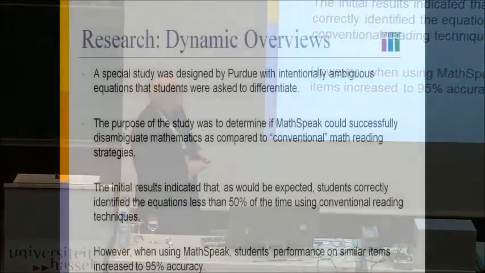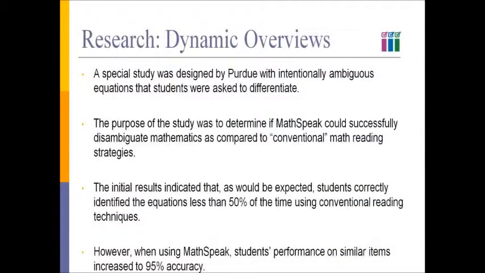So a research study recently done at Purdue University with equations that were intentionally ambiguous. There were equations that were meant to be confusing if all you could do was hear them. Asked students to differentiate and determine which was the most accurate.